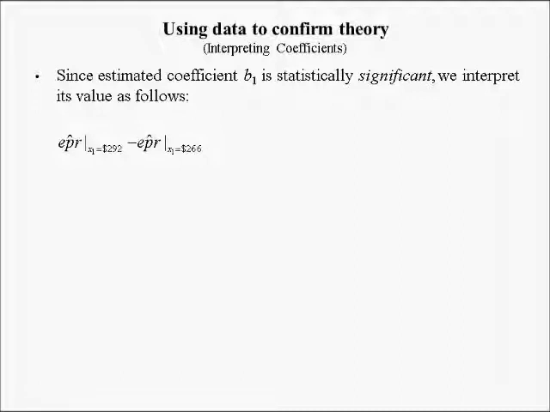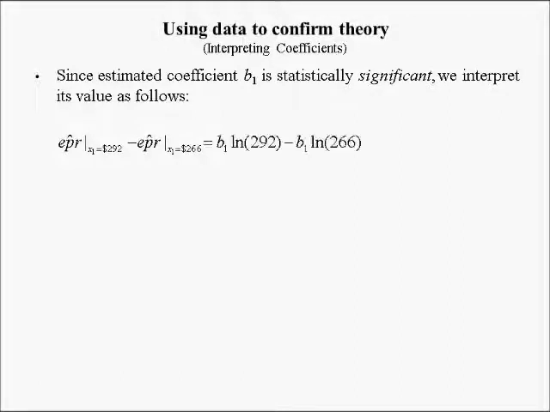Now why do we pick 266? Well, 266 is the average for x1. 292 is, I think, 10% greater than 266, if I remember right.